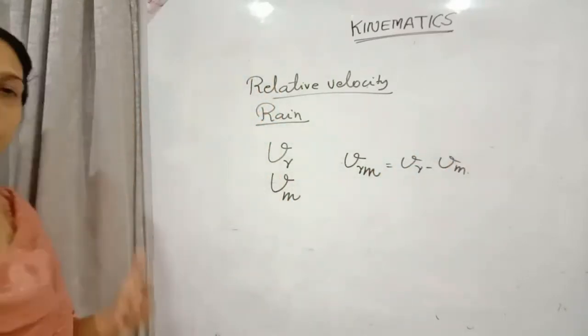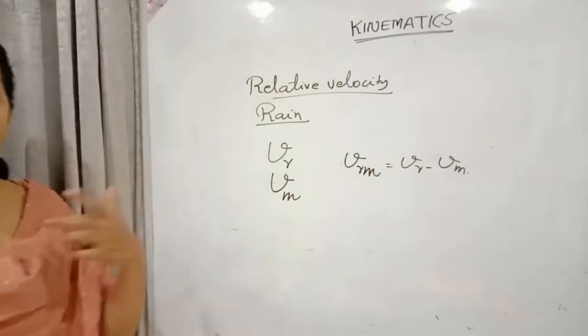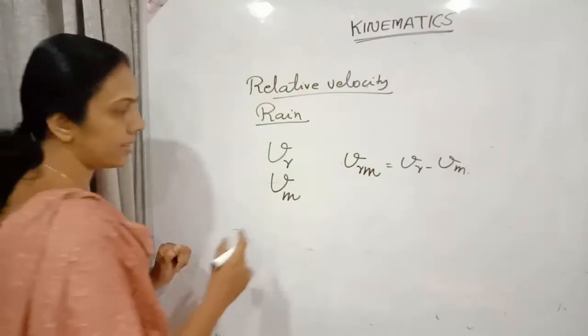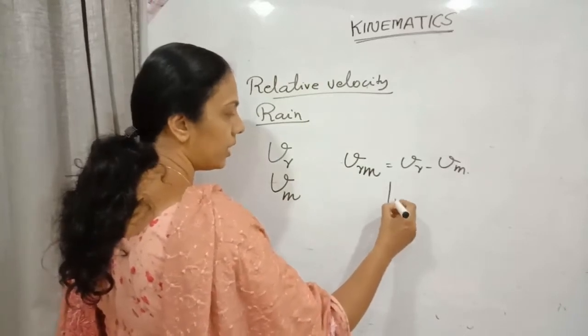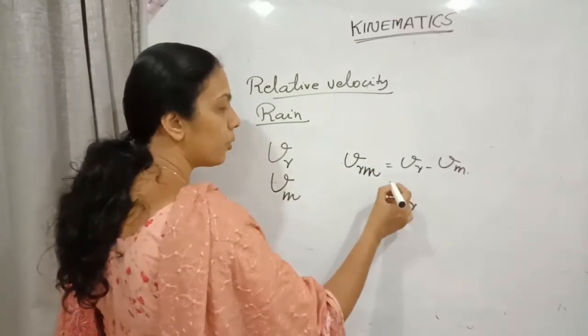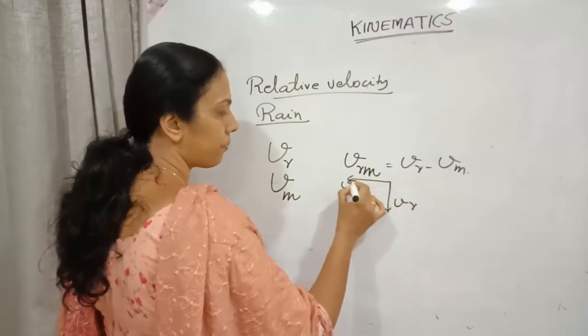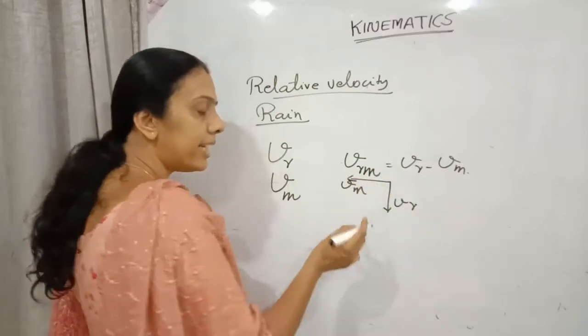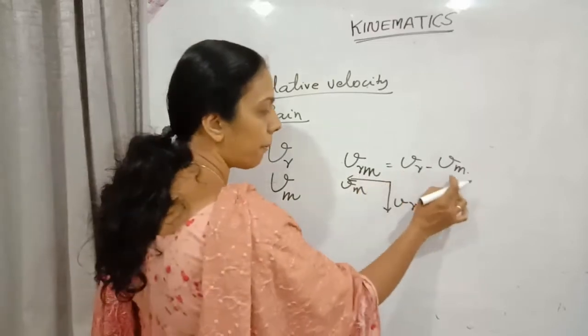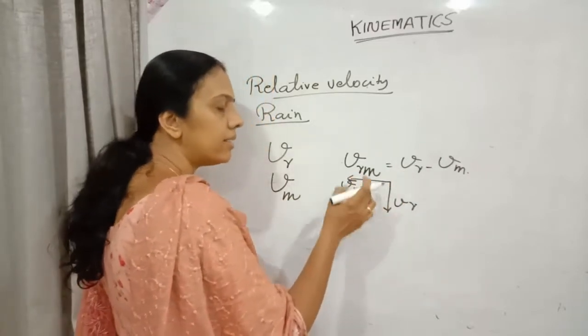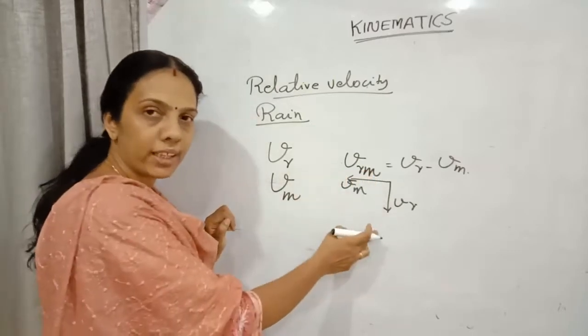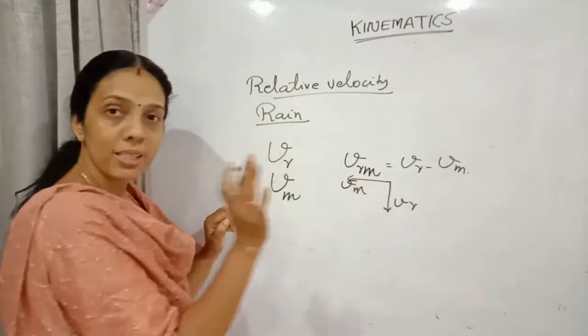How can we represent that in a diagram? See, velocity of rain. Suppose rain is moving like this, VR, and man is moving like this, Vm. Then the relative velocity will be VR minus Vm. While taking VR and Vm, the resultant of these two vectors would be VR plus Vm only.